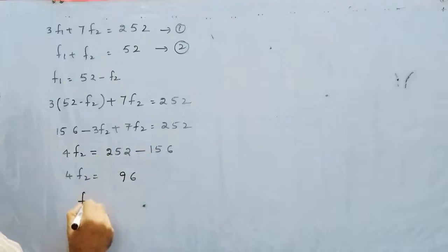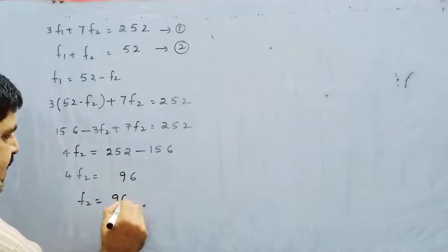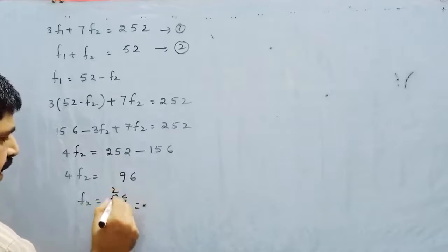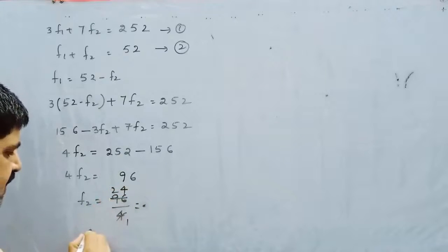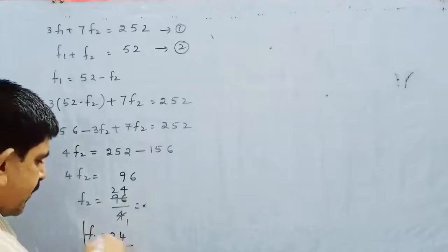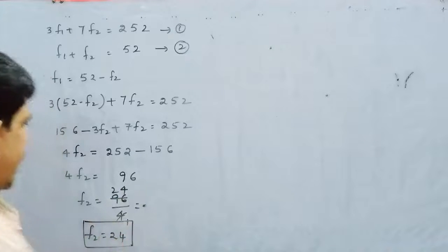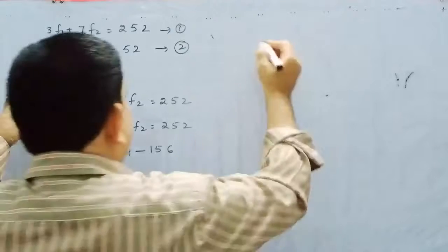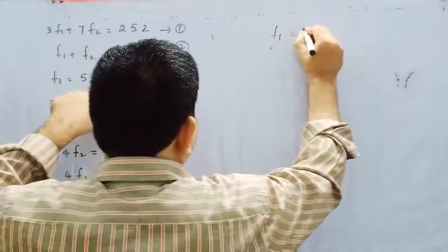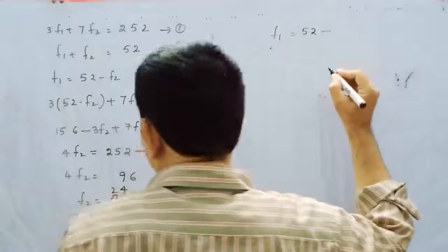Now f2 is equal to 96 by 4. So f2 is equal to how much now? 24. Next, f1 is equal to 52 minus 24.